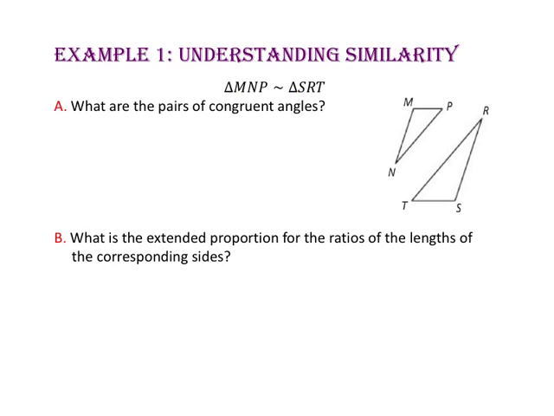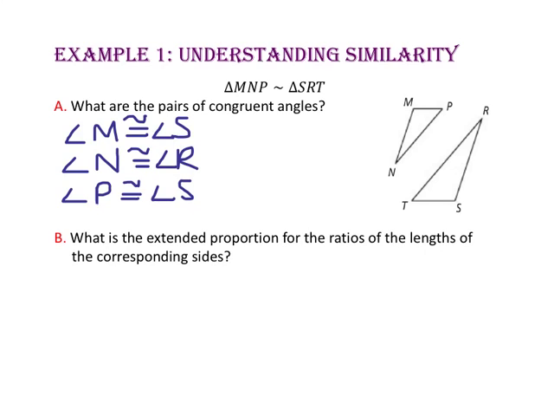So we know that angle M is congruent to angle S. Since N is the second letter in the first triangle and R is the second letter in the second triangle, we know that angle N is congruent to angle R. And finally, since P and T are the last letters in each name, we know that angle P is congruent to angle T.